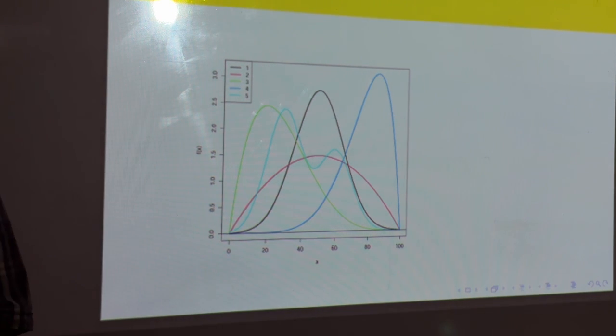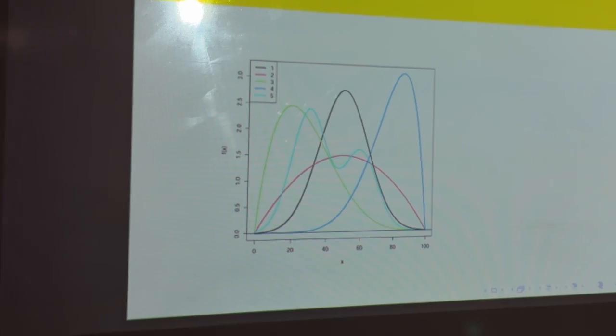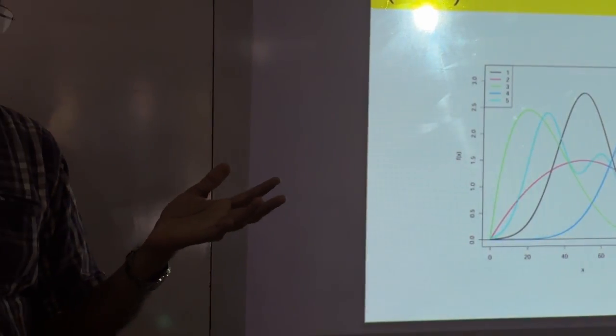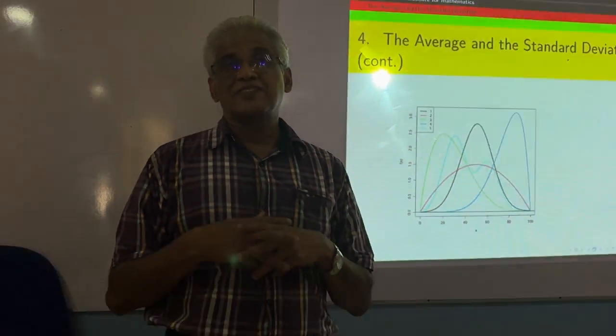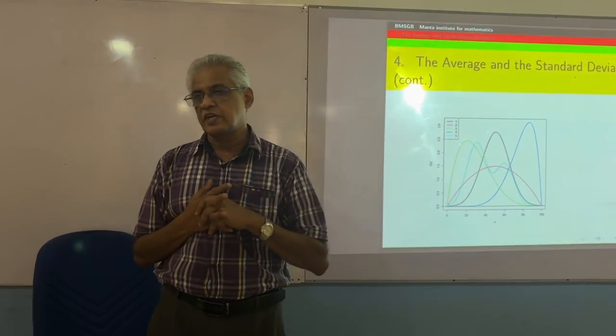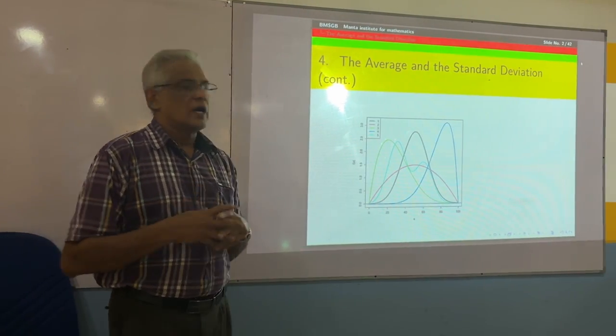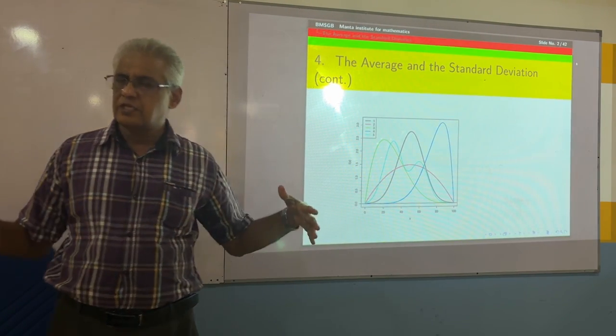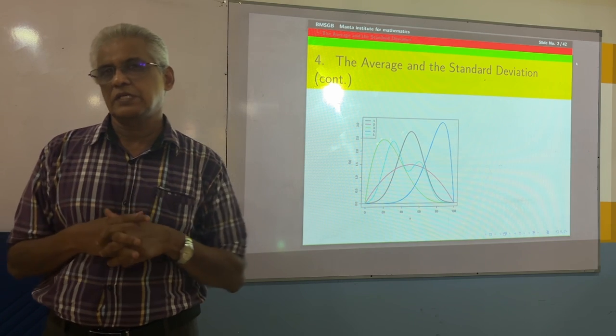What are the features that we can talk about in a distribution of data? People usually talk about something called the center of the distribution, and the spread, which is another feature.